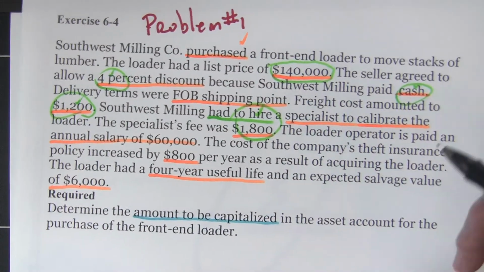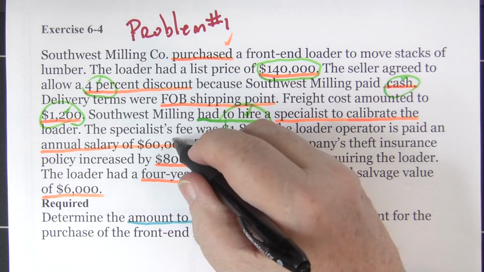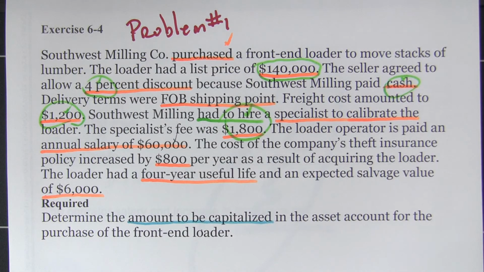Are there any other things we need to worry about? The loader operator is paid $60,000 a year. Well, that's a period expense. That's a regular, ordinary income statement expense, because the dude's going to get 60 grand whether he drives that loader or drives a different one, so that doesn't really count. And the insurance policy went up by $800.